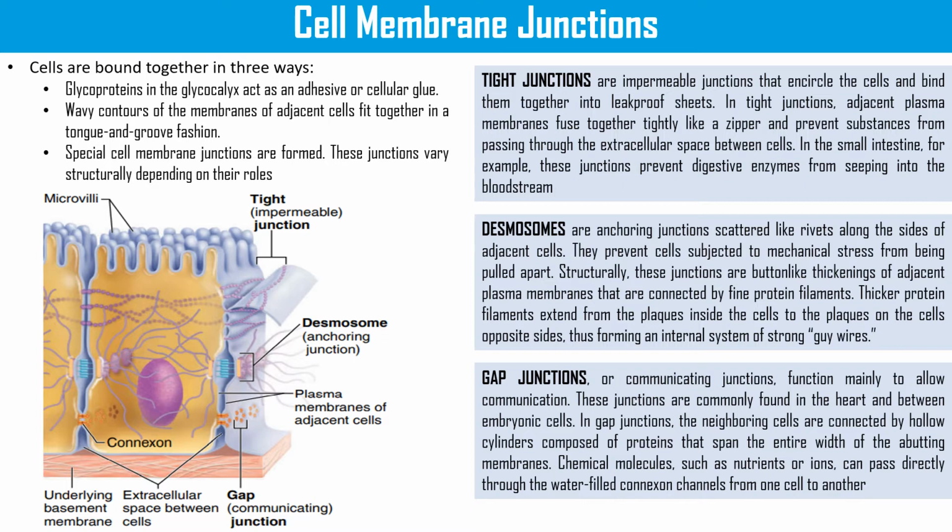Chemical molecules such as nutrients or ions can pass directly through the water-filled connexon channel from one cell to another. So three types of membrane junctions are tight junctions, desmosomes and gap junctions.